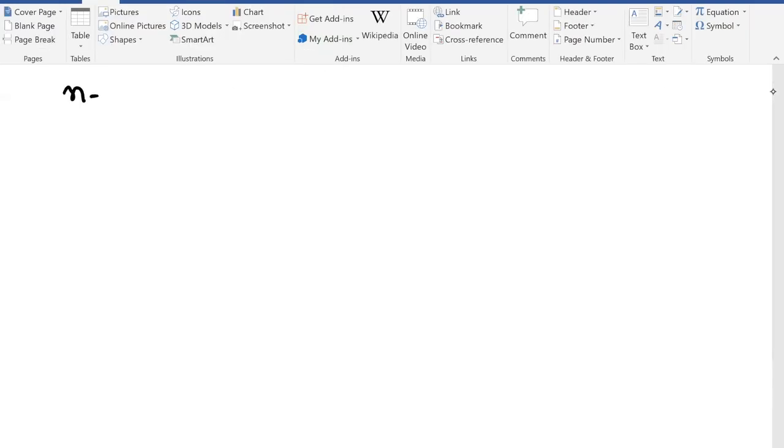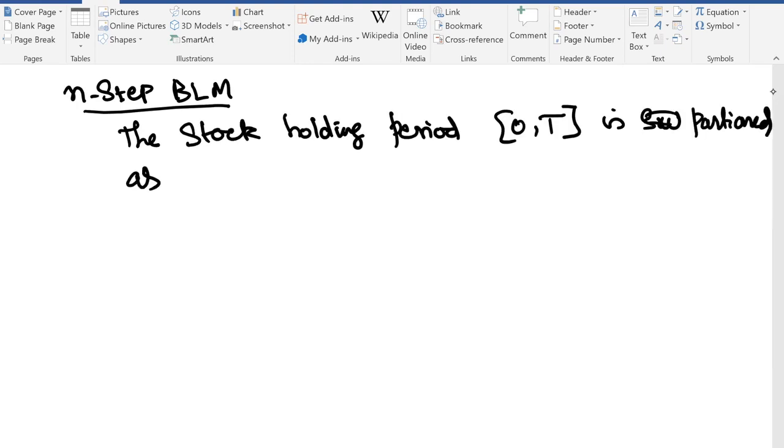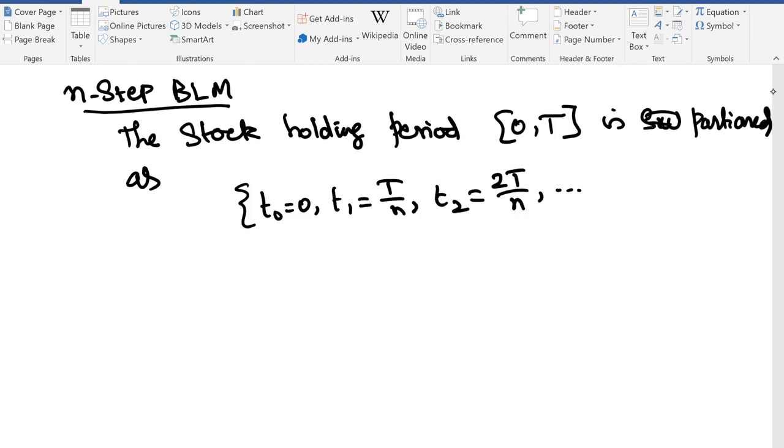For the n-step method, the stock holding period is partitioned as T0, which is equal to 0, T1 is equal to T by N, T2 is equal to 2T by N, and so on till Tn equal to capital T. So first you have to write the partition. Generally it is like this.